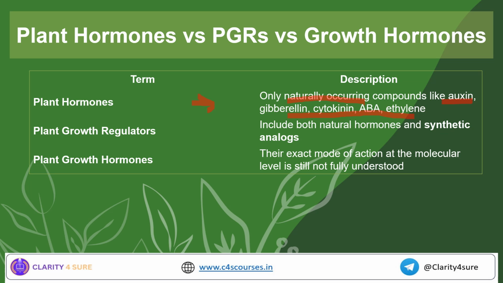These all are plant hormones. When there is also the presence of their synthetic analogs, they are called plant growth regulators. Here is the minute difference. When they have synthetic analogs, they are called plant growth regulators, and when they have the exact mode of action and exact structure, I mean their mechanism, but they differ at the molecular level.